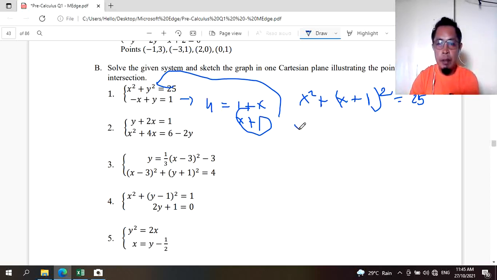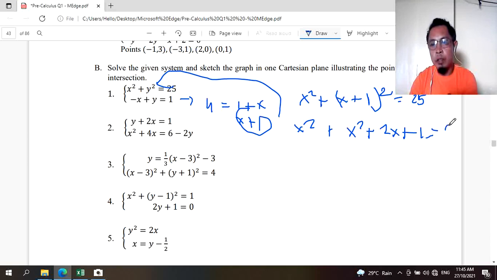Expanding the second term, we have x squared plus x squared plus the middle term, 1x and 1x, that is 2x, and then square the last, plus 1 equals 25.